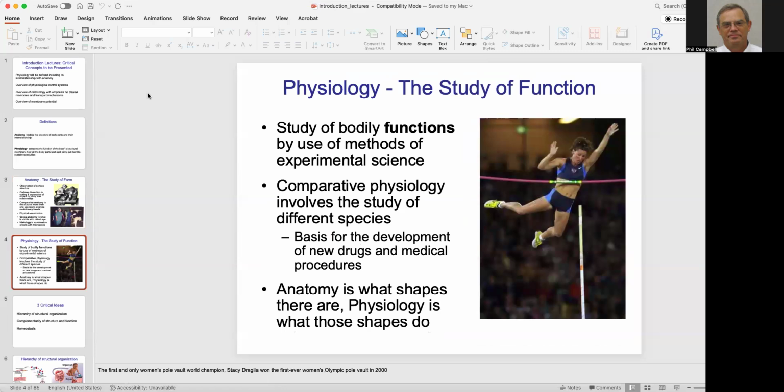Okay. Physiology, again, anatomy is form. This is function. So this is how all the body parts work, not only individually, but how they're all integrated to make you, you. So you can't really separate anatomy and physiology. You've got the parts. How do they work?